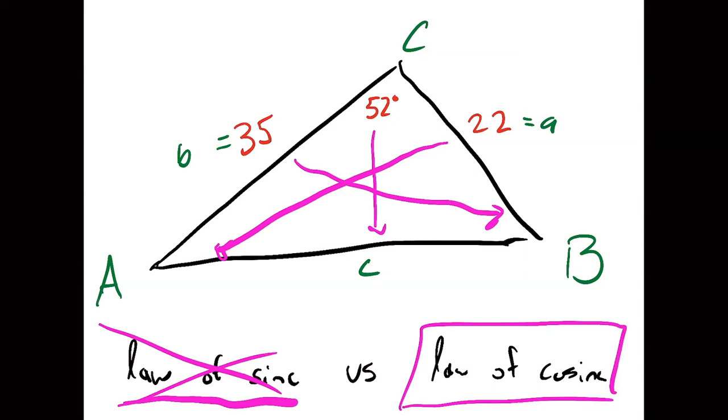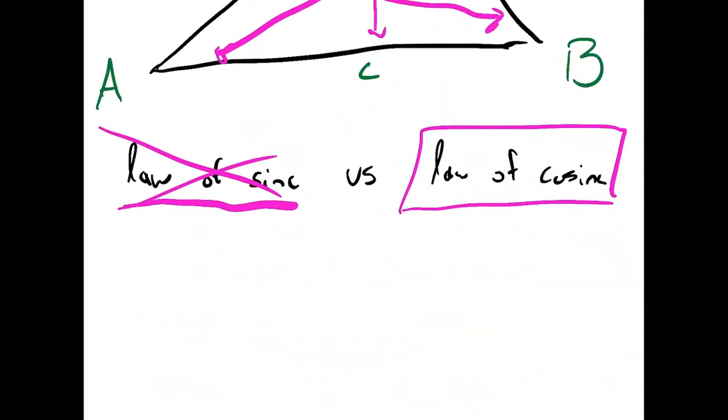Okay, so this is a little bit different than the last problem because we have to make sure we choose the right sides and the right angles here. So basically, we want to shoehorn the law of cosine so that we have only one unknown in the equation.